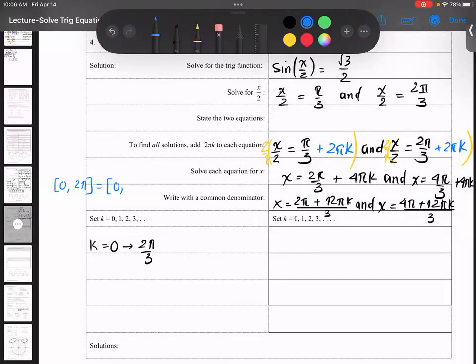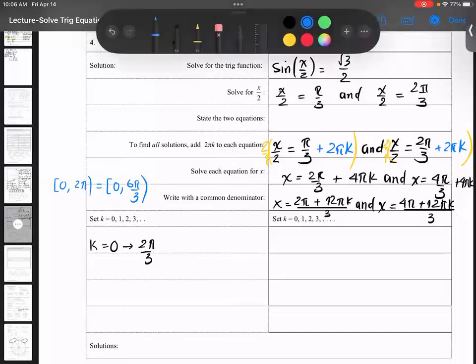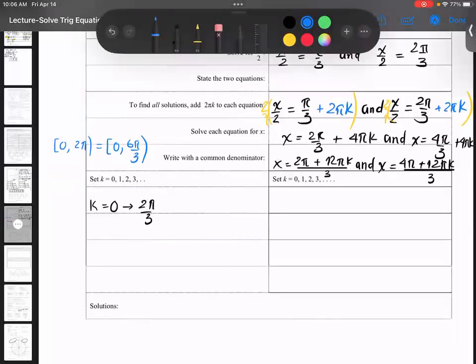Is that okay? What's 6 pi divided by 3? 2 pi, right? The reason I'm doing it is because I can compare without changing to decimal. Does that make sense? It takes time. So anything more than 6 pi on the top, eliminate. 2 pi over 3 is still okay.